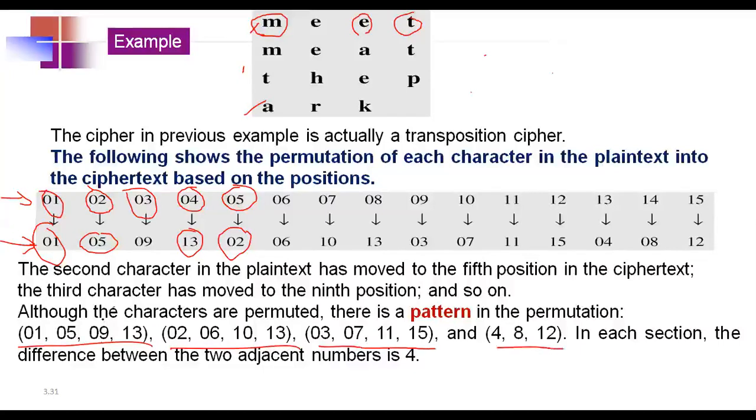If you observe these, the difference between any two characters is 4. That means these characters have some pattern. So if the attacker finds any pattern between the characters in the ciphertext, maybe there is a chance to break that code.